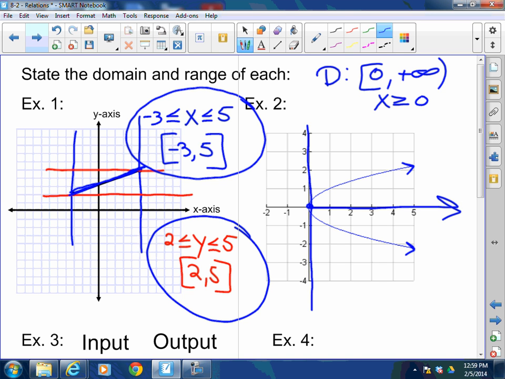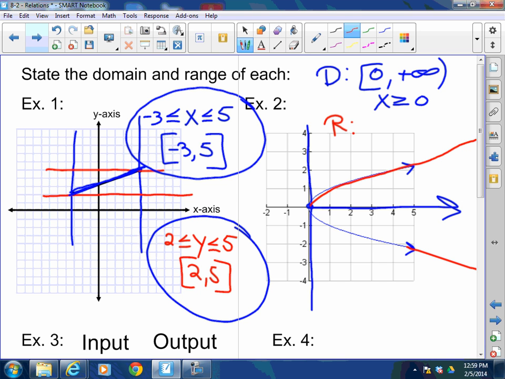Does everyone see that? Now, for my range, pay attention. Remember, range is the up and down, correct? I know it's very little, but isn't this graph little by little going higher and higher? And isn't this graph, little by little, getting lower and lower?